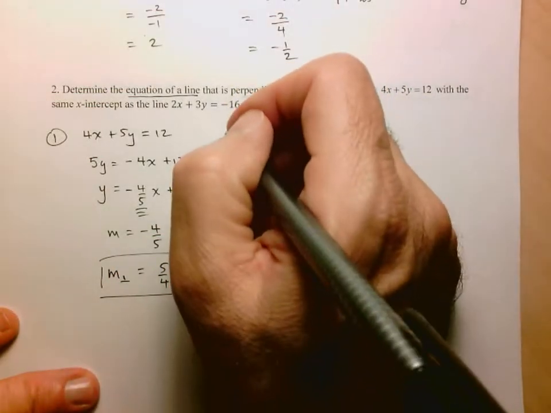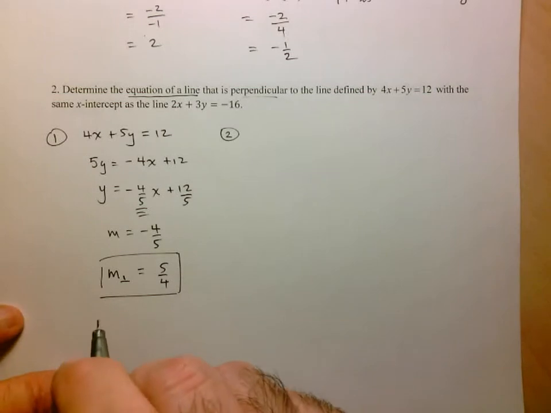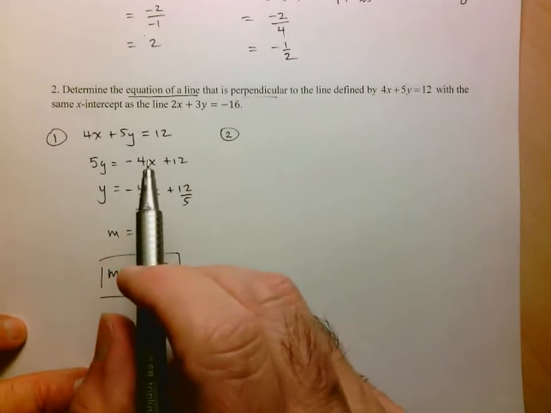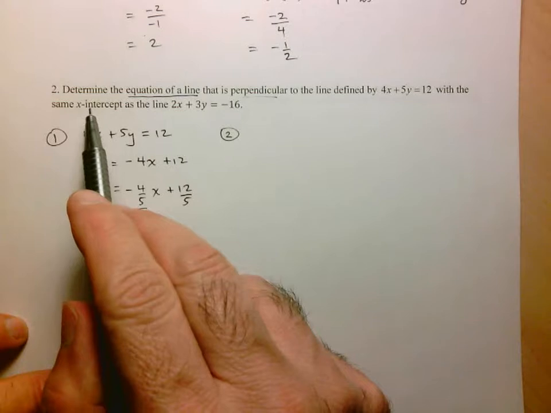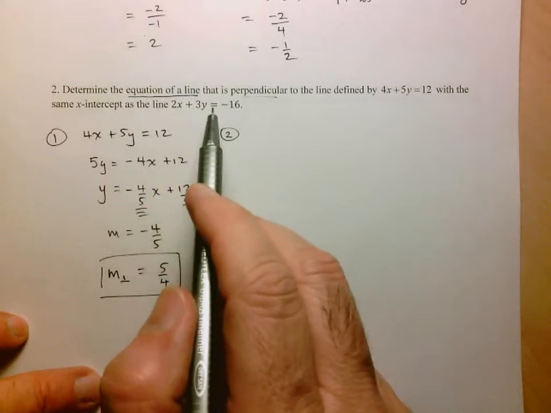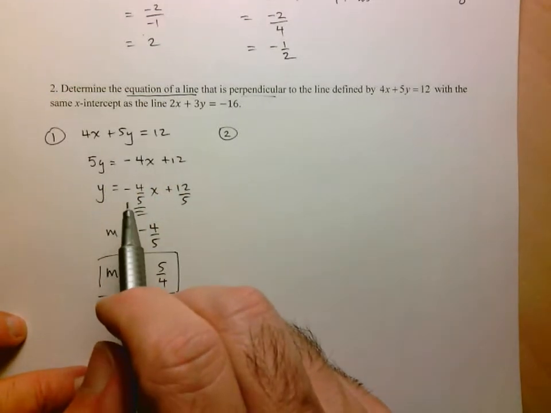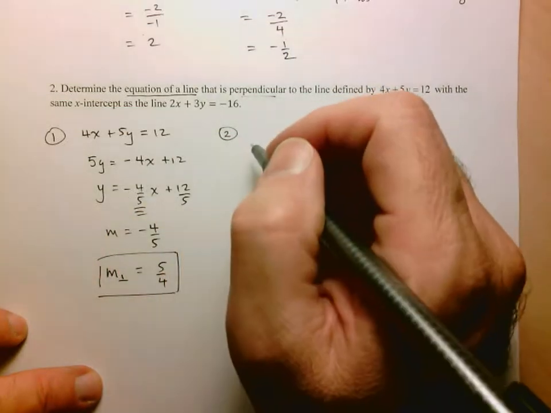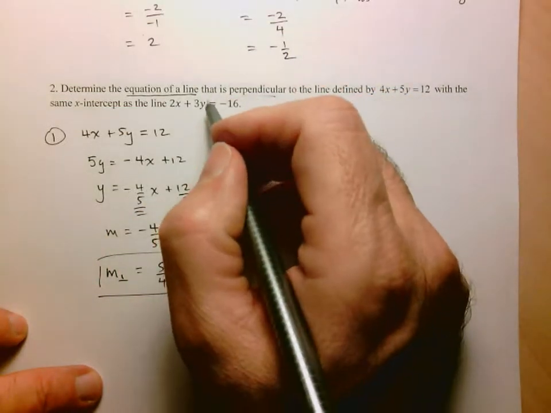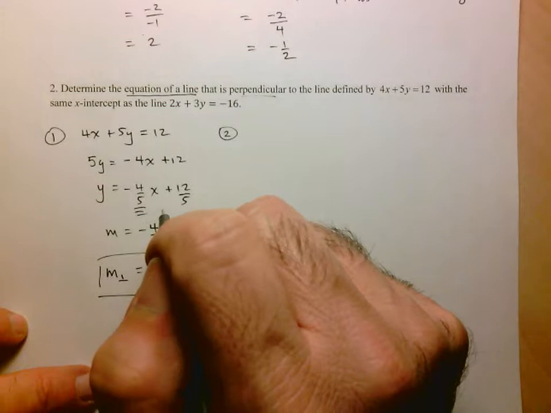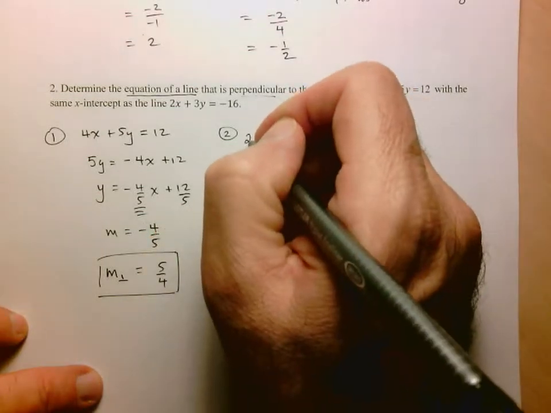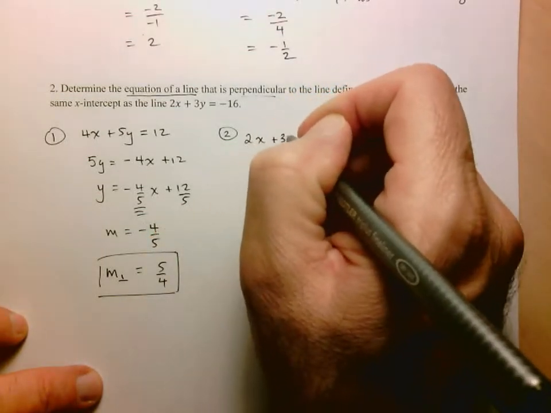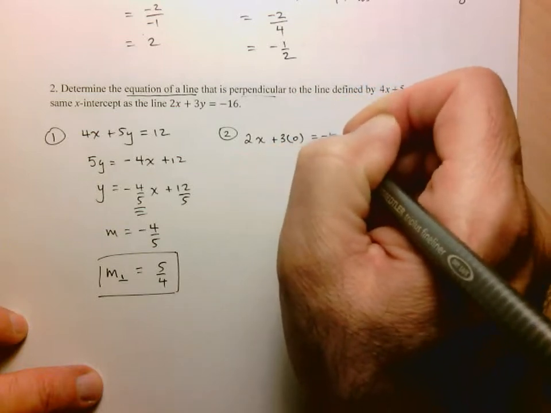Secondly, let's look for the point. In this case, the x-intercept of my line is the same as the x-intercept of this line here. So let's find the x-intercept of that line. What's special about an x-intercept is that the y value has to be equal to 0. So I'm just going to take my equation, and wherever I see a y, replace it by 0.